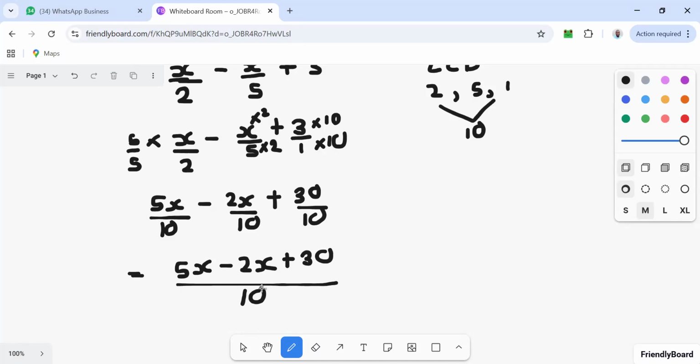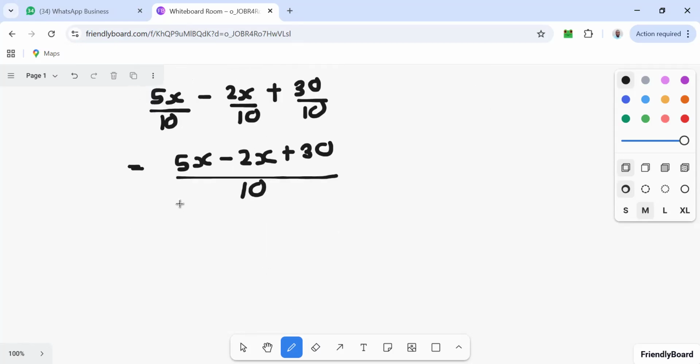Always remember that simplifying an expression containing more than one fraction involves writing the expression as a single fraction. So the next thing now will be for me to simplify. You can see there are like terms there, 5x and 2x.